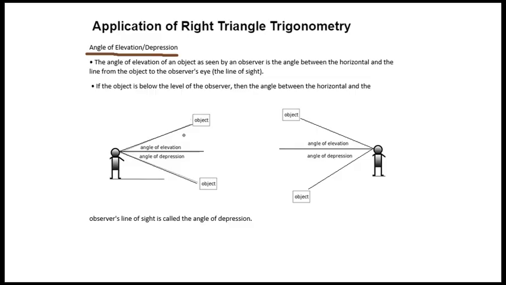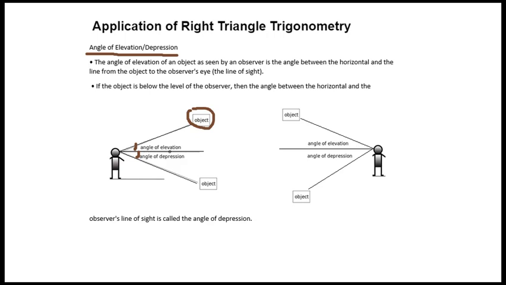When you look up at an object, you will get an angle of elevation. If you look down at an object, you will get the angle of depression.